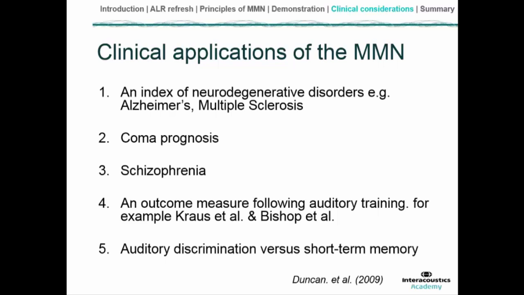Coma prognosis. Well, this one is a very interesting and somewhat promising line of investigation, where the presence of an MMN is used to some extent as a predictor of the likelihood of someone awakening from their comatose state. I mentioned the MMN itself is pre-attentive.